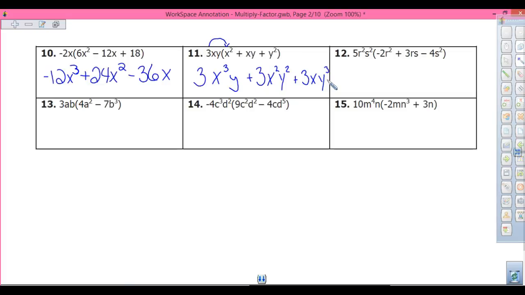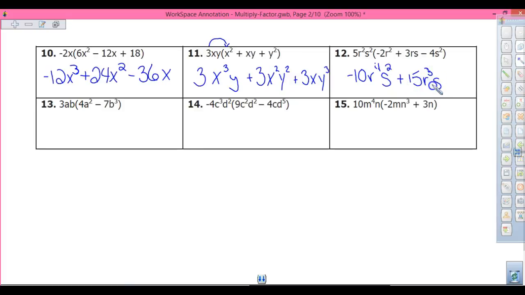Okay, so number 12, we've got negative 10 r to the 4th, and there's nothing to combine with my s squared, so I just leave my s squared, plus 15, yep, I've got another r that's got to go on.